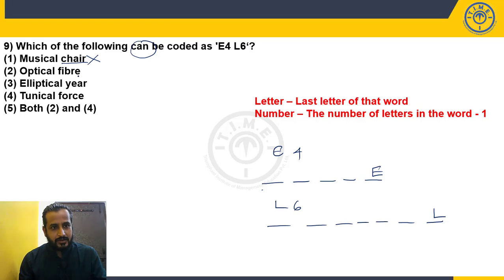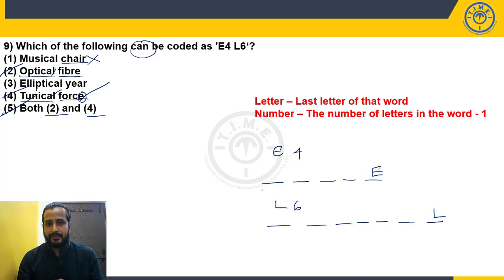Here, last letter is E, number of letters 5, okay. And here number of letters 7, optical 7, last letter is L, okay, no issue, second option. But fifth option is both 2 and 4. So I must check the fourth one also. Force, last letter is E, number of letters 5, okay, no issue. Tunical, number of letters 7, last letter is L, no issue. So again my answer is what? Both 2 and 4.